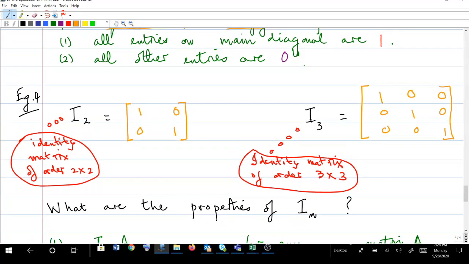The next question that we look at, what are the properties of the identity matrix of order n by n? In other words, it has n rows and n columns.